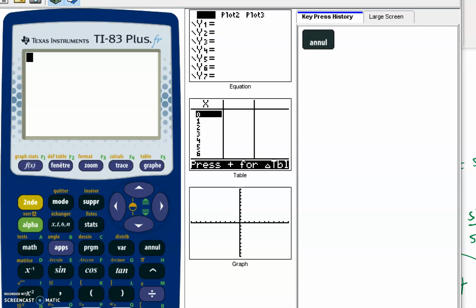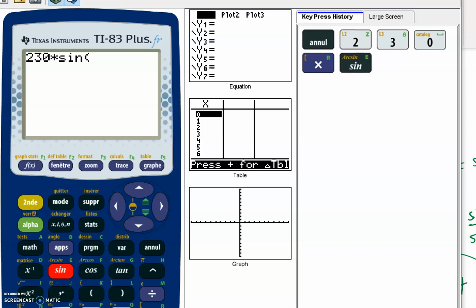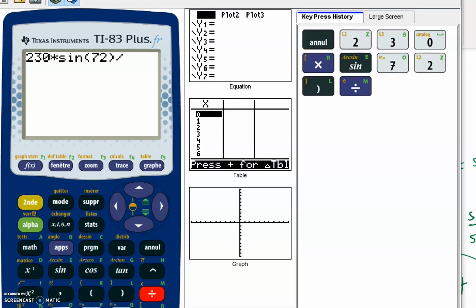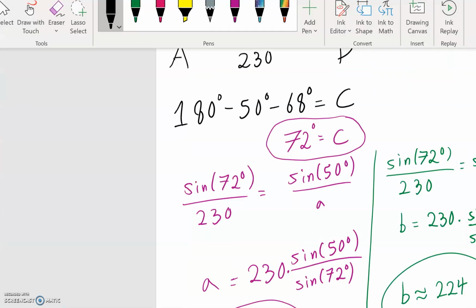So I have 230 multiplied by the sine of 72, and this is divided by the sine of, let me go back to the problem really quickly. Oh, I messed that up.